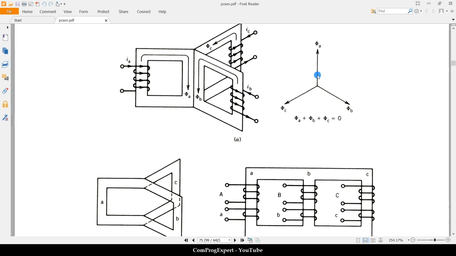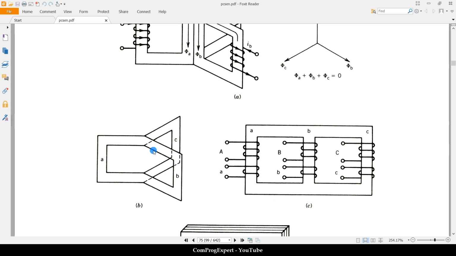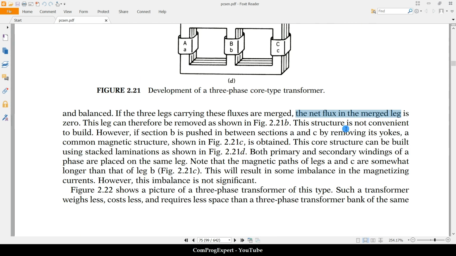This is the phasor of phi A, and this is the phasor of phi B, and the phasor of phi C. We have 120 degrees phase shift between these three phasors. What is the summation of these three phasors? It is 0. So the net flux is 0, and we can remove this common leg.